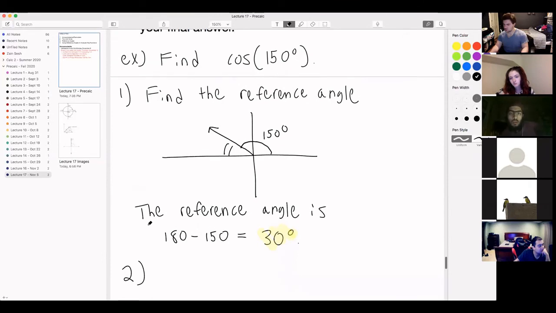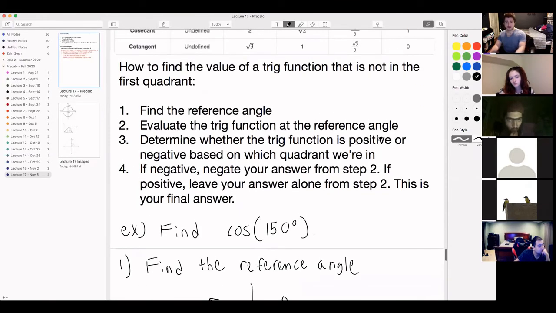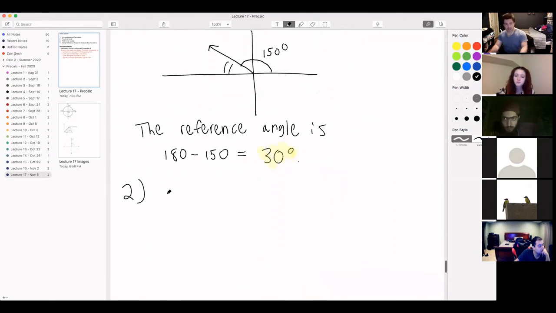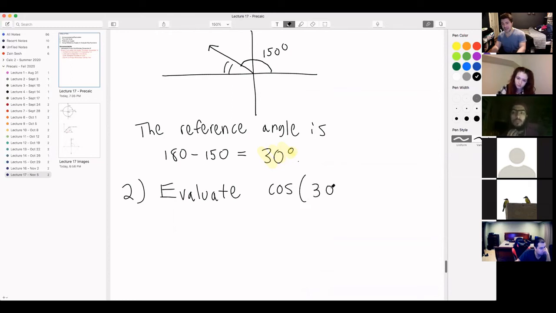So what's step 2? Evaluate the trig function at the reference angle. Very good. So we're going to evaluate cosine of 30 degrees. What is so beautiful about this is that we have a value for cosine of 30. And how do we get that?